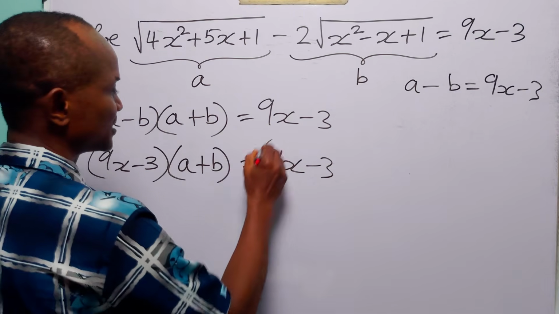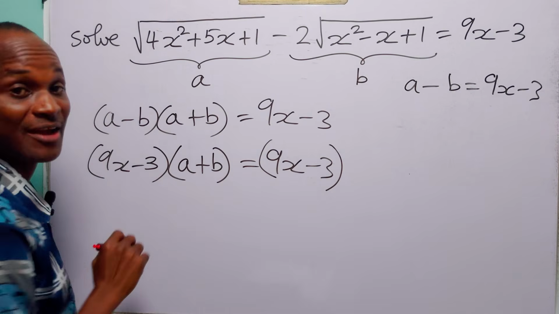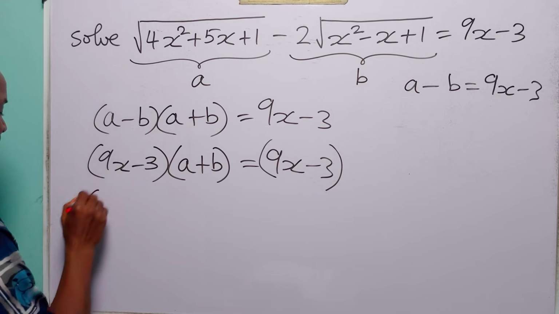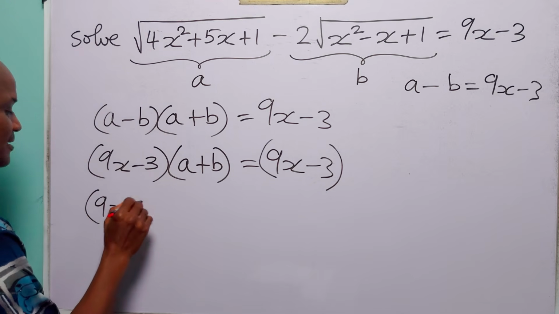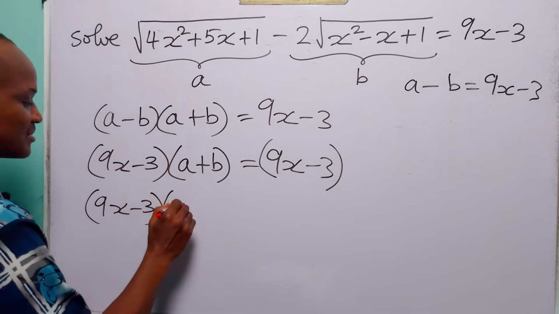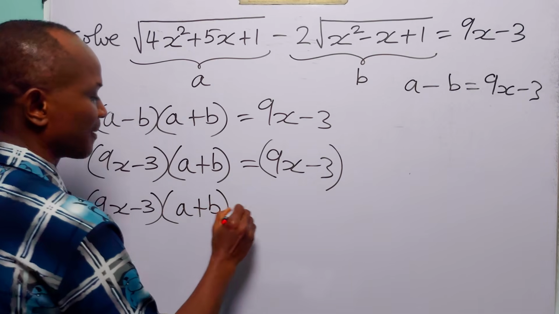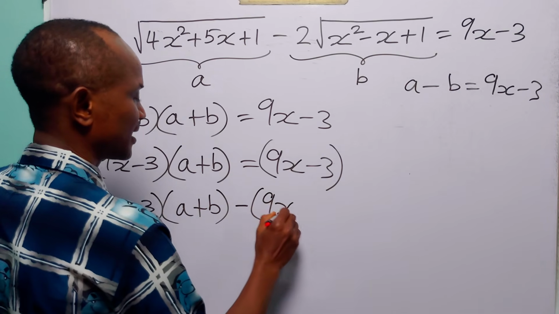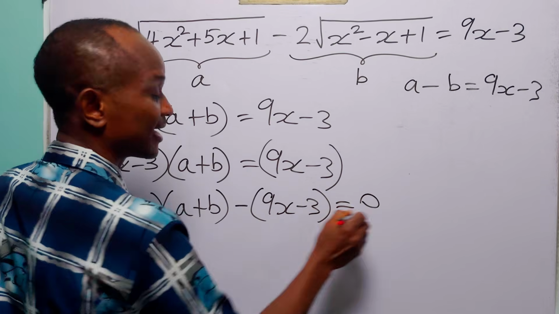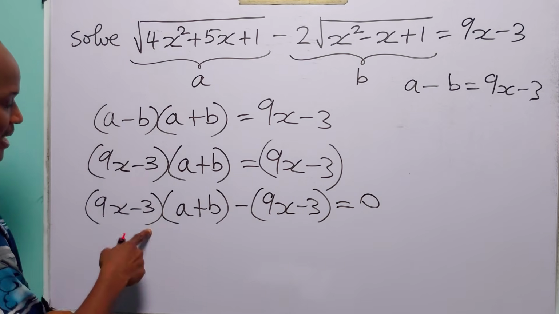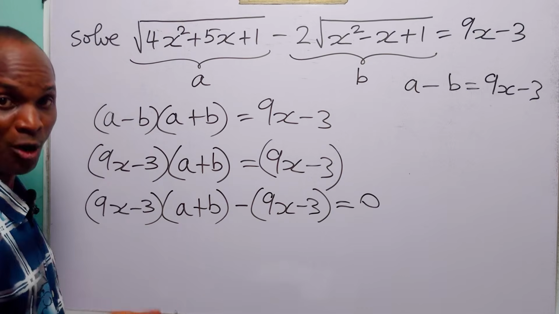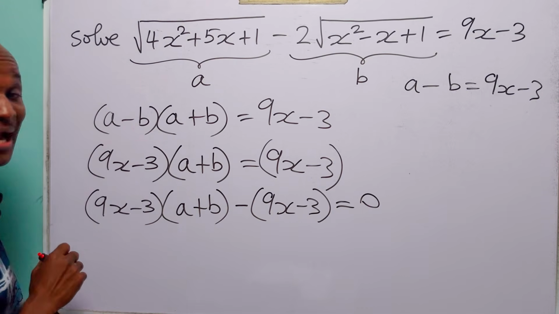Instead, what we are going to do is that we will move this over to the left-hand side. When we do that, we have 9x minus 3 times a plus b minus 9x minus 3 is equal to 0. Now, when you look at these two terms, you'll see a common factor, which is 9x minus 3.